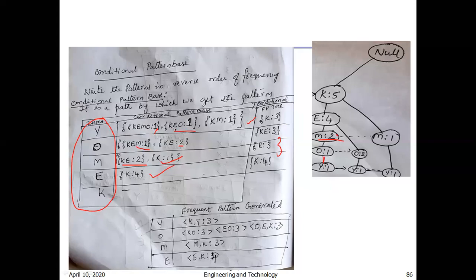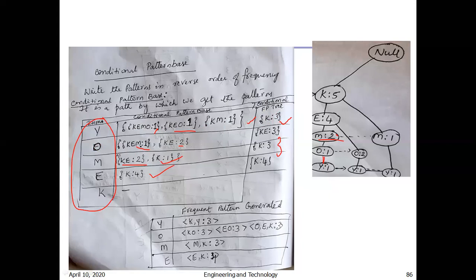A is only occurring twice. E only twice, O only twice, M also twice. Need not write. So in the conditional FP tree, A: 3. Its frequency is 3 times. So next is O.